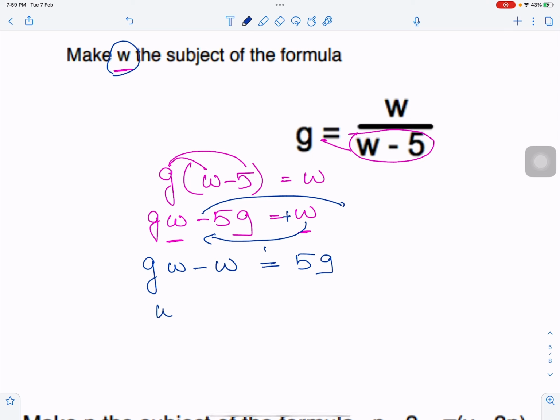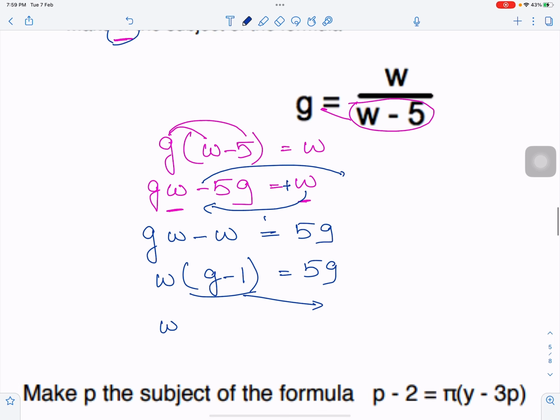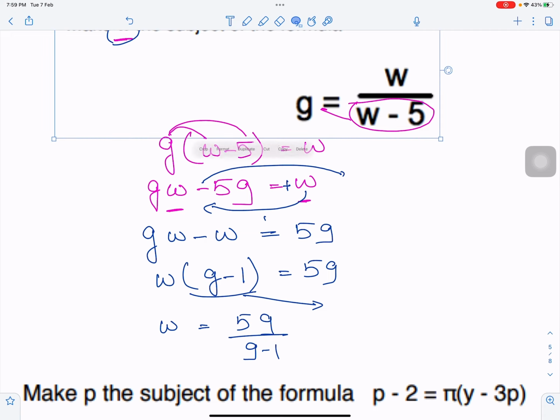So I will take W common factor out. Right? And then cross multiply. W will remain here. This G minus 1 will go to the other side underneath in the denominator. So it will become G minus 1. Okay. So this is how you will solve this question.